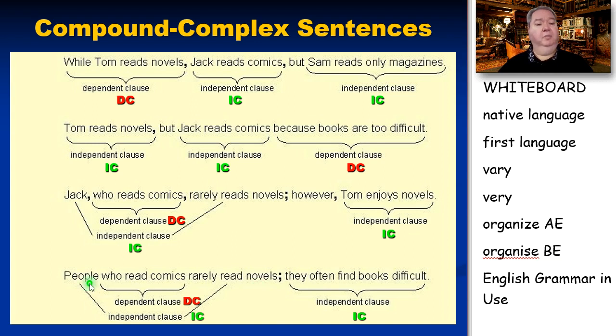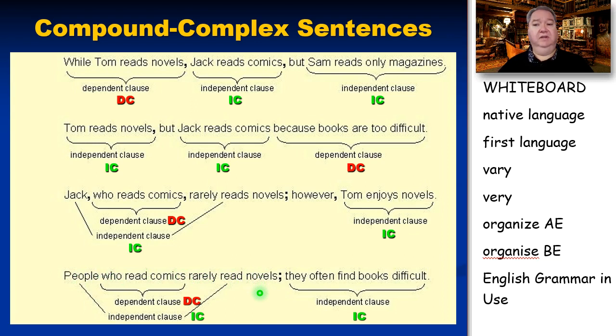This means that all people in general, the general population, people rarely read novels. Is that true? Not really, no. Lots of people read novels. They're very popular. So to say people rarely read novels, that changes the meaning. Which people rarely read novels?